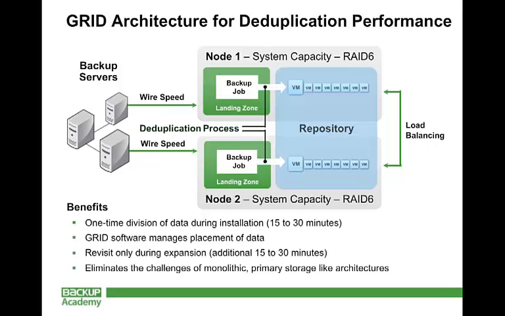As I mentioned, it's important that the storage be virtualized. So we virtualize all of the long-term storage of backups. The days, weeks, months, or even years of retention that customers want to keep is stored in a single virtualized repository, which can span all of the nodes in a grid. This ensures full utilization of all capacity in the grid through automated load balancing of the data.